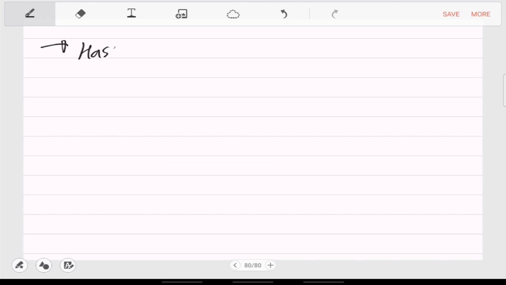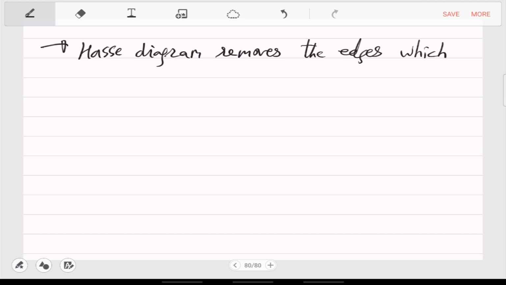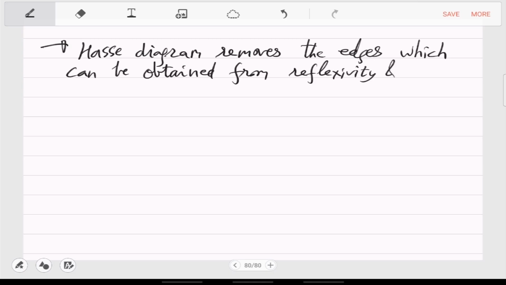So your Hasse diagram removes the edges which can be obtained from reflexivity and transitivity.